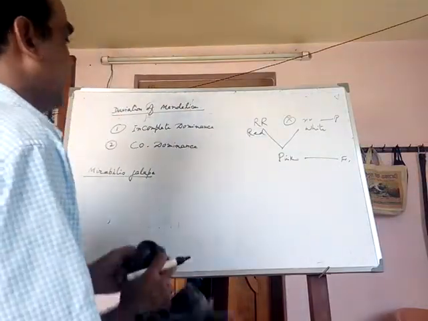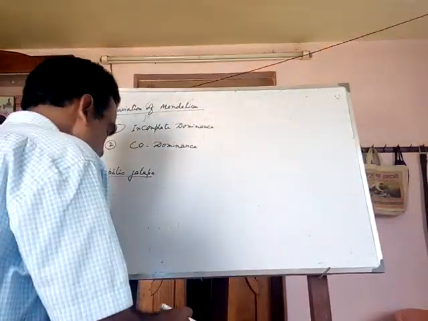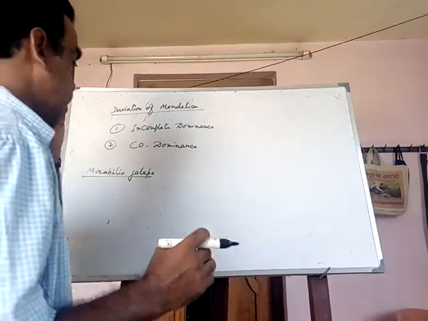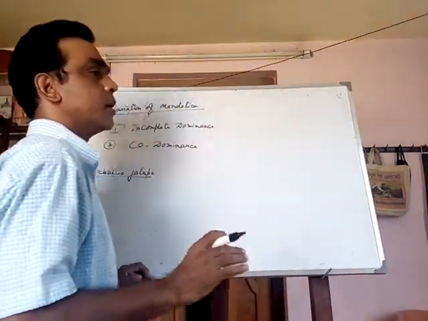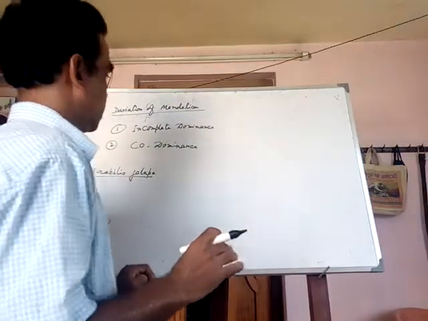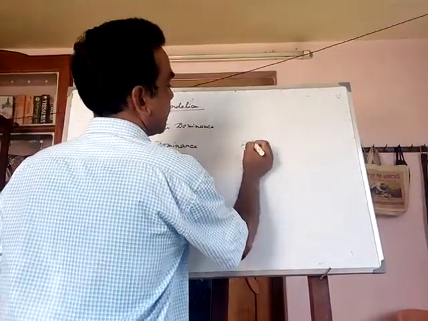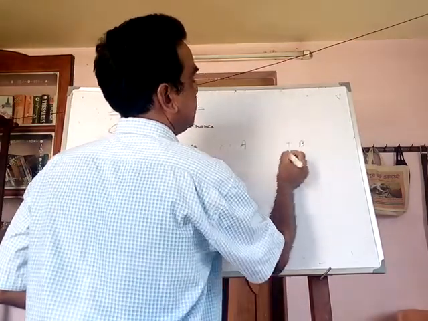Codominance: when two separate organisms can express with the same dominant situation, it is called codominant. That is A blood group plus B blood group.